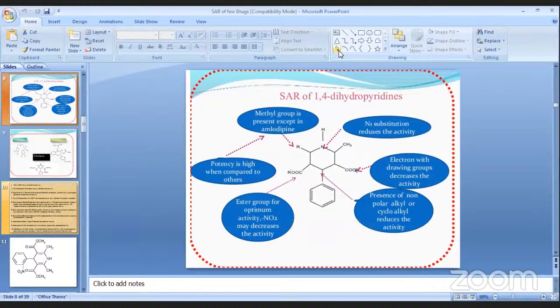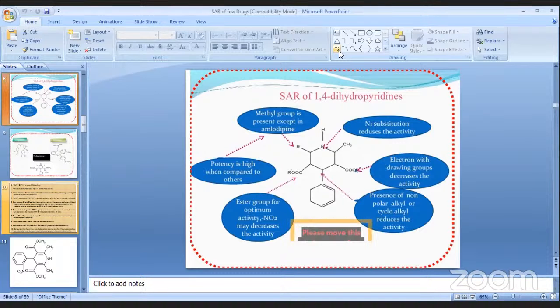So 1,4-dihydropyridine is the basic moiety, and at positions 2 and 6, every time we have methyl groups. If we change the methyl group at the 2 position of the molecule, we will get a better compound like amlodipine, which is a very good antihypertensive drug. And now you go for the 5 and 6 position.